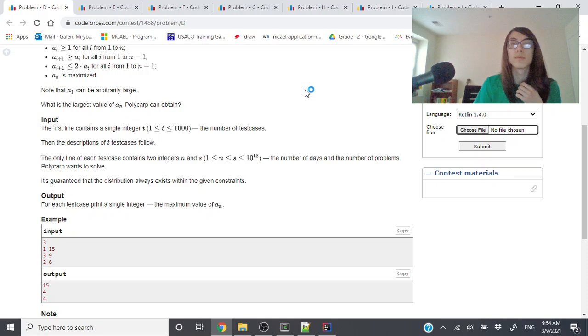So the absolute maximum, or the absolute minimum on the answer is... No, the absolute maximum. What? Now I'm confused.